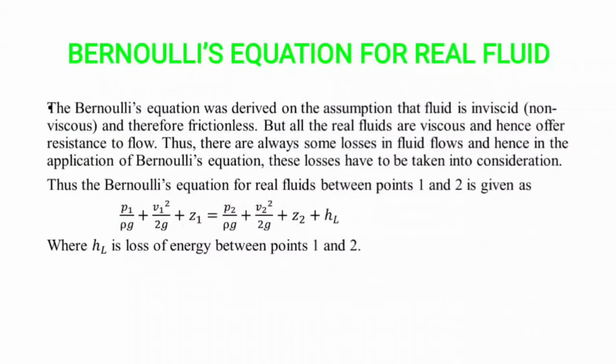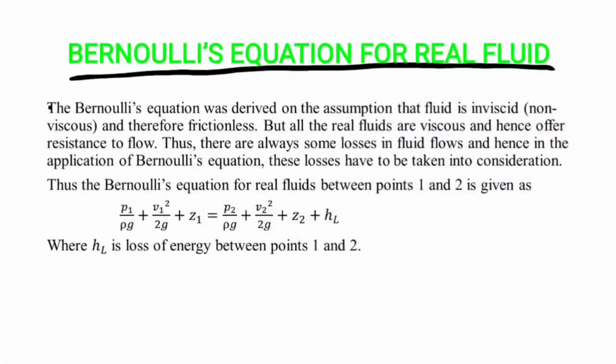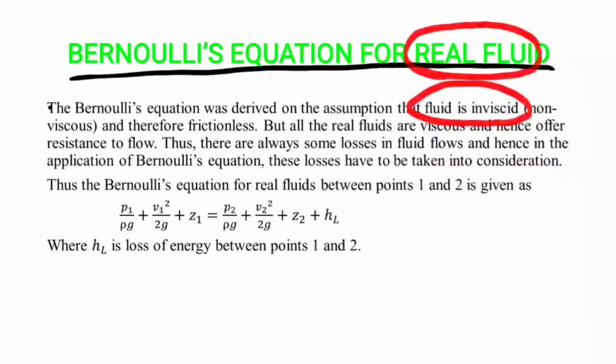Next one is Bernoulli's equation for real fluid. The Bernoulli's equation was derived on the assumption that fluid is inviscid, that is non-viscous. Frictionless అనుకొని మనం Bernoulli's equation చేసాం. But in real fluids the viscosity is present, right?